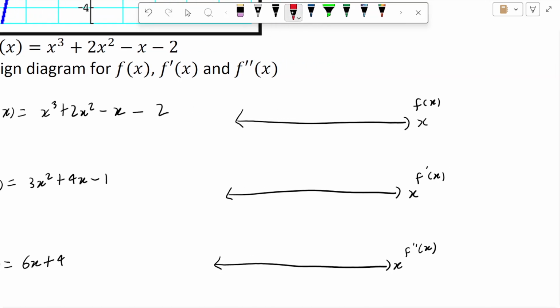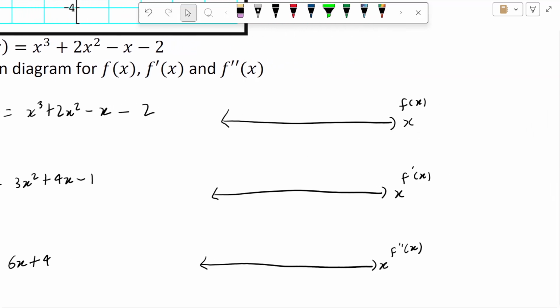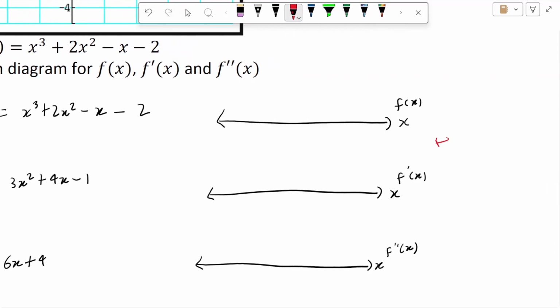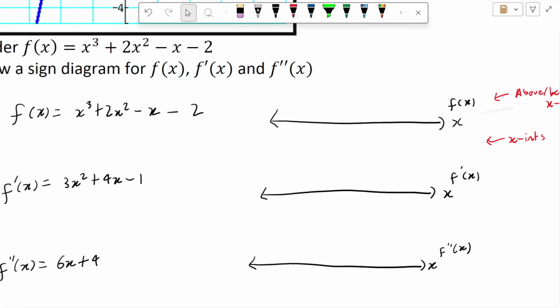Just a reminder, the things that go underneath this sign diagram, according to our table, were the x-intercepts, and the thing that tells you whether it's plus or minus was above or below the x-axis. Now let's pretend we didn't know that.